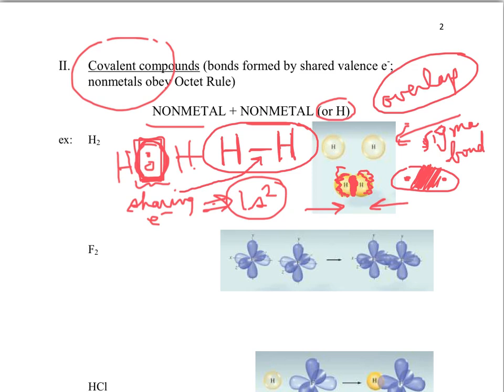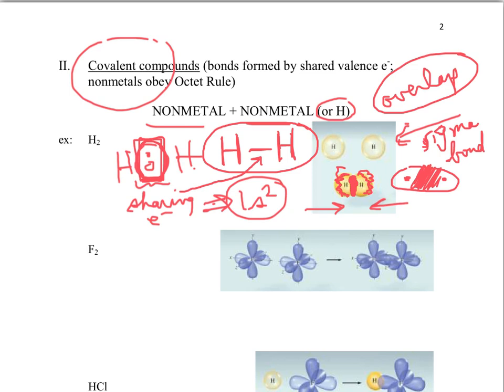Lone pair electrons, if we have any, we don't here in this H2, all we had is just the original 2 electrons, but if you had lone pairs, you would put those as dots still, but you could do dashes just for the electrons that are shown as being shared electrons, okay?